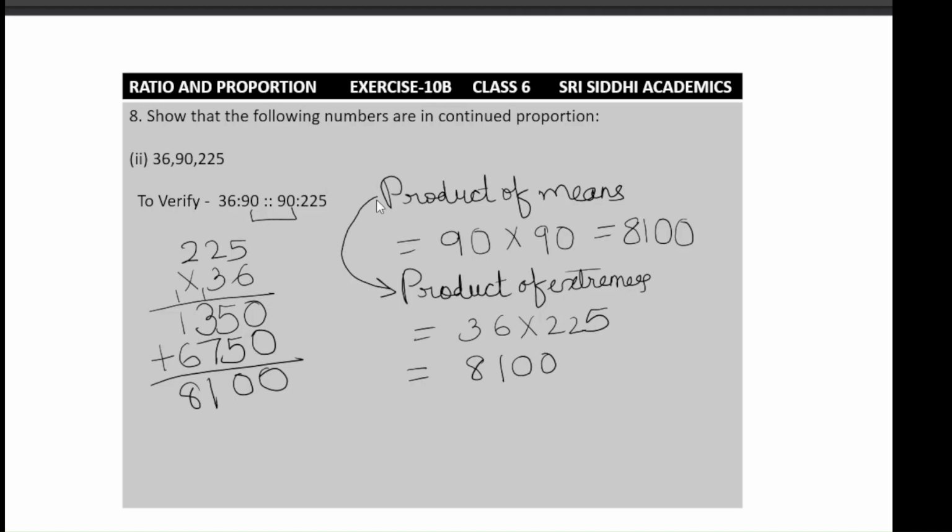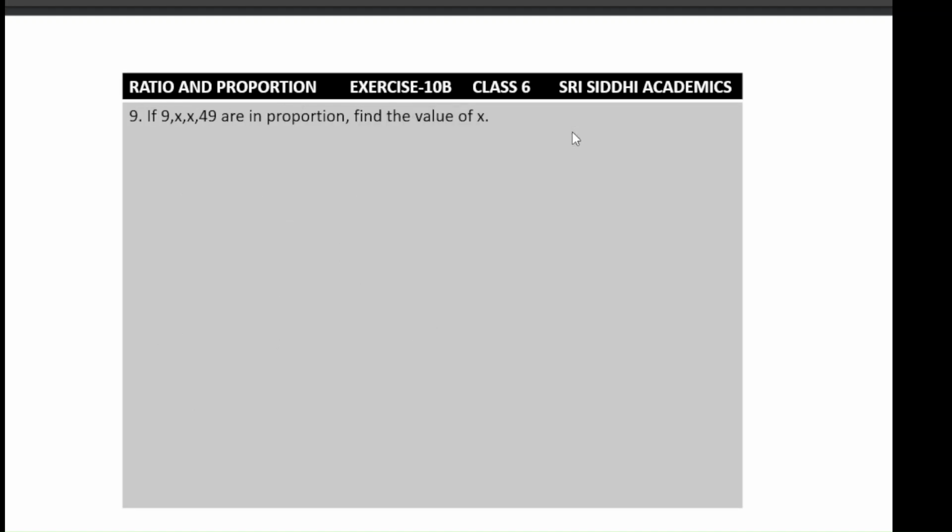You can write a statement saying since product of means equals product of extremes, these numbers are in continued proportion or in proportion, one and the same thing. Okay, you can write like this. So let's move to the next question. I have left question number 3 of question number 8. If you have any doubt, please let me know. I will solve that as well.